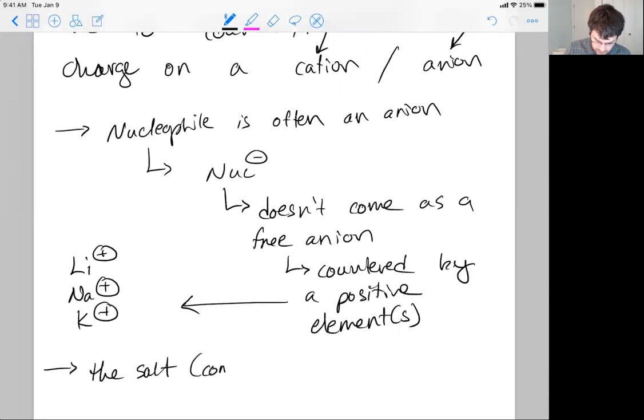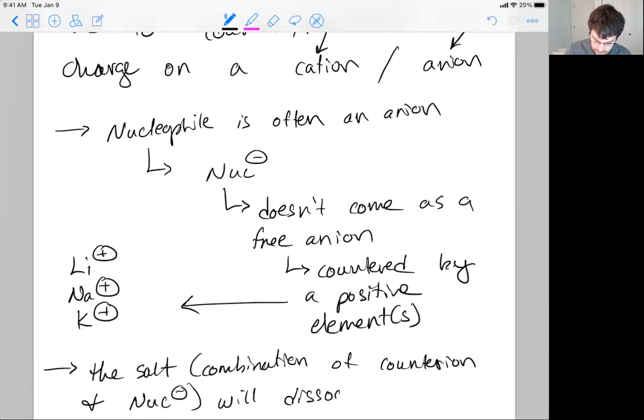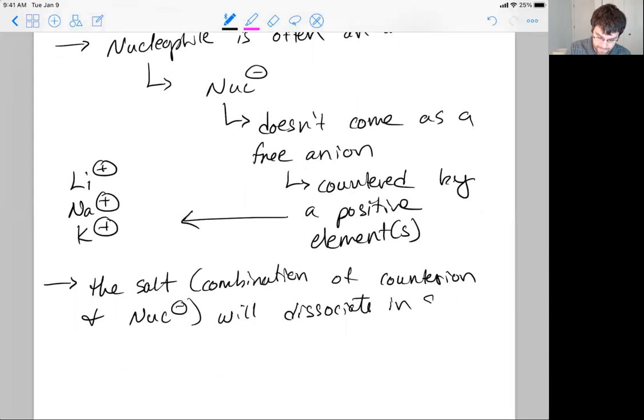Now, what's great about this is the salt, that is the combination of counterion and nucleophile, will dissociate in solvent to give the free ions.